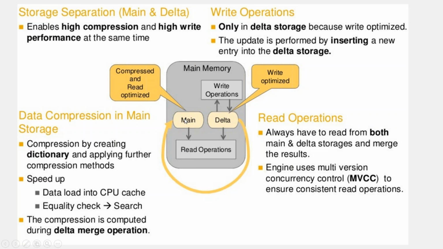When the main storage is not available, then the system will look for the data in the delta storage. The read operations always have to read from both main and delta storage and merge the results. The engine uses multi-version concurrency control, MVCC, to ensure consistent and accurate read operations.